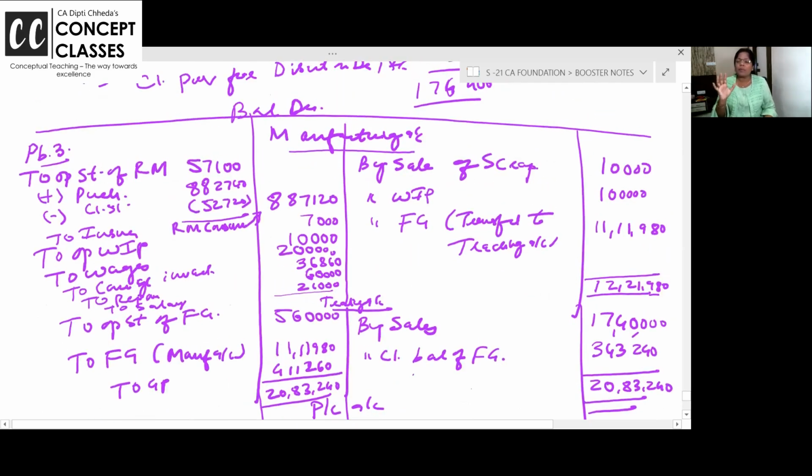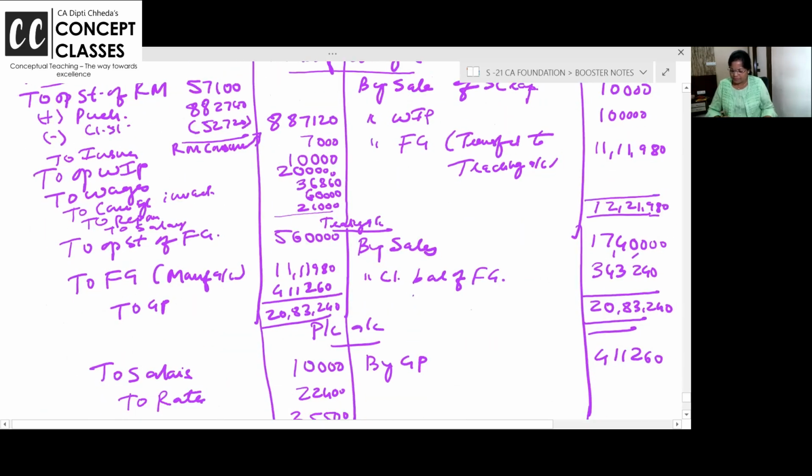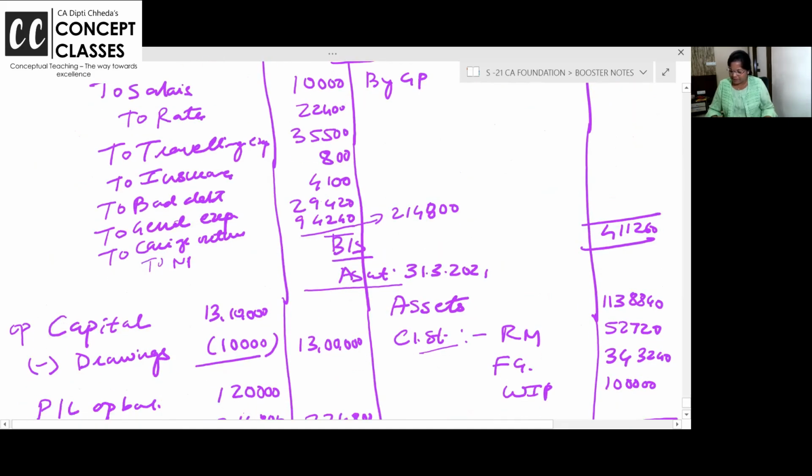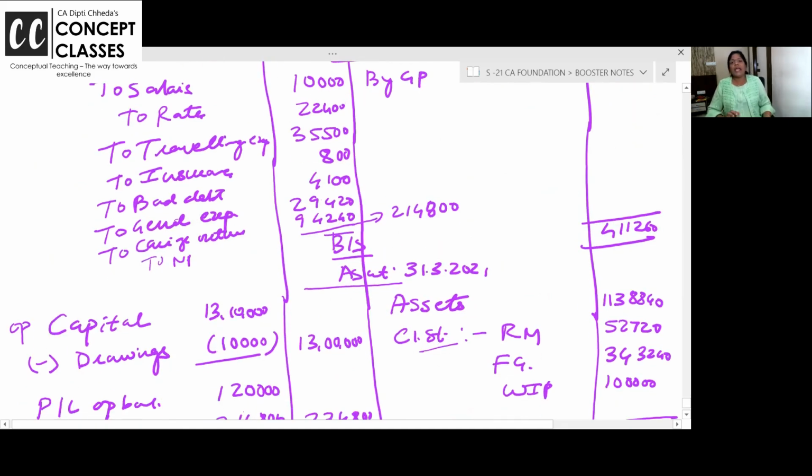Look at the format of manufacturing account. Pen नीचे रख के देखो, समझ में आया या नहीं? Raw material consumed, expenses, opening work in progress, सब on the debit side. Sale of the scrap, closing work in progress on the credit side. और finished goods आ गए हैं. Trading account debit side. Sales and all on the credit side, you are getting GP.